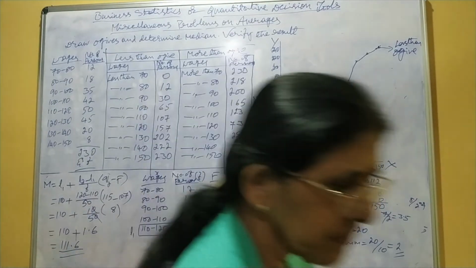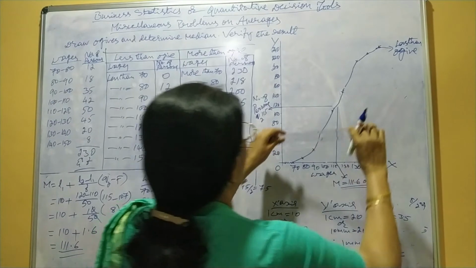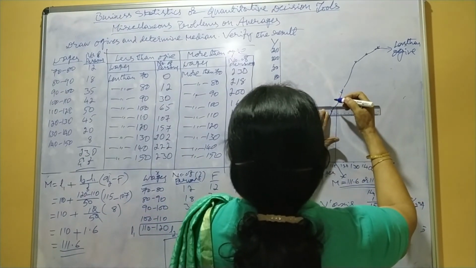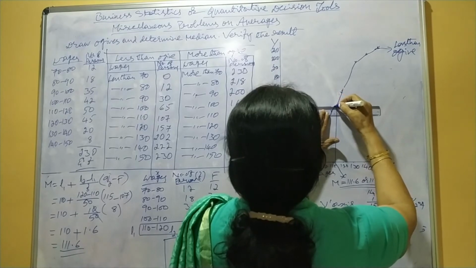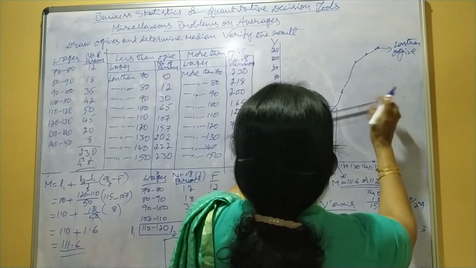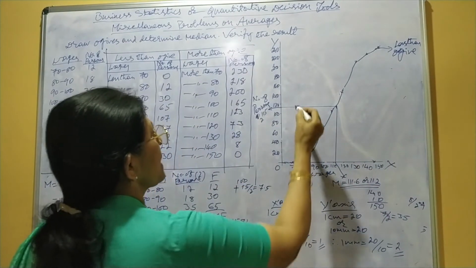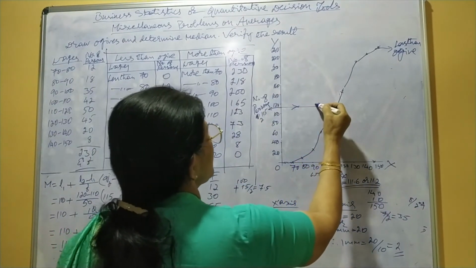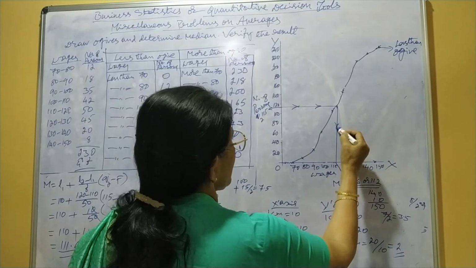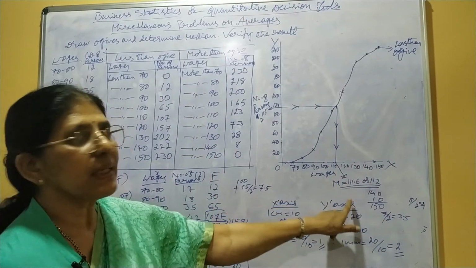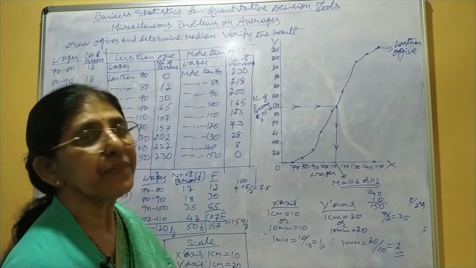Okay, now join this and the graph sheet will get exactly, now this one must be, direction is like this. Now we have to take the reading here, that is the median.